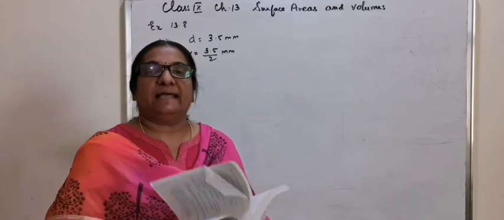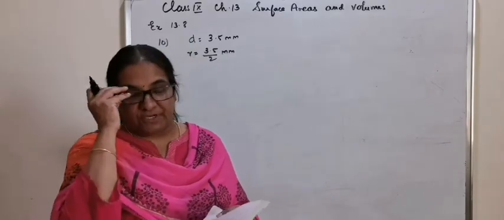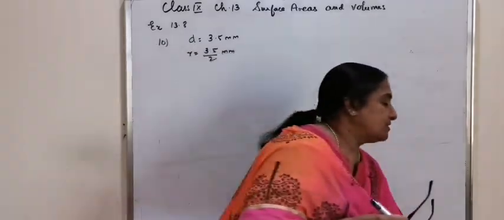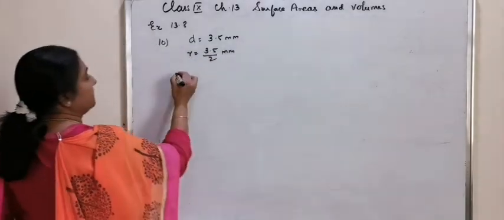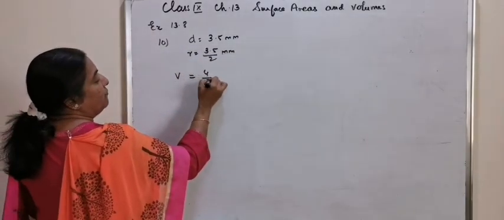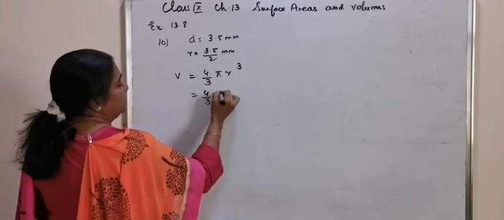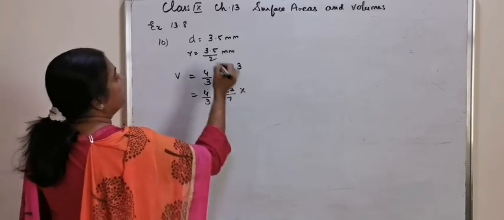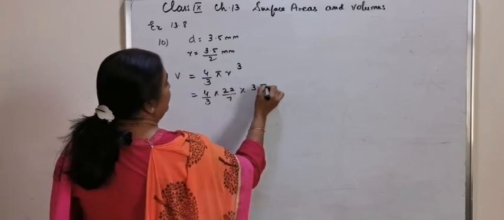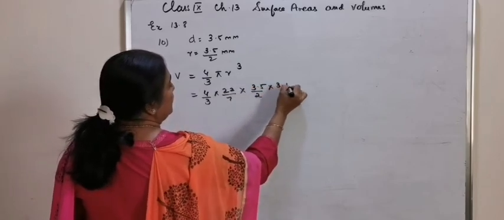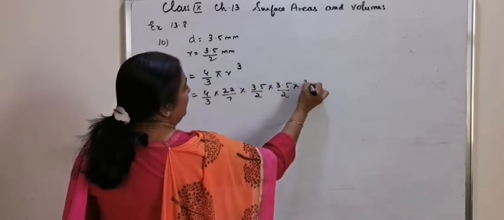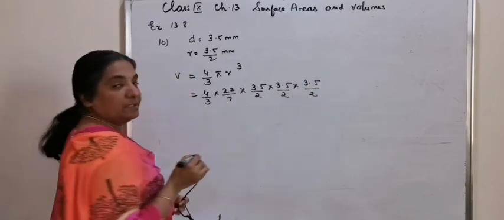The concept is only directly to find out the volume of a sphere. Volume of a sphere is equal to 4 by 3 pi r cubed, 4 by 3 into 22 by 7 into 3.5 by 2 into 3.5 by 2 into 3.5 by 2.